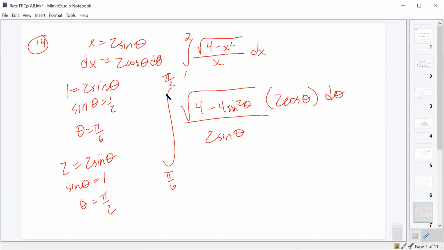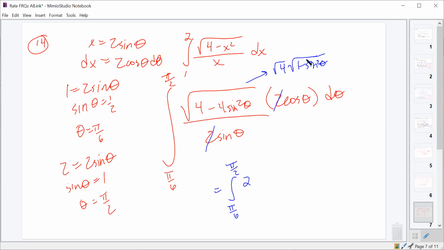And then it's just a matter of simplifying this down. So root 4 minus 4 sine squared theta is root 4 times root 1 minus sine squared theta. And so that'll give me, I cancel these 2's out, an integral from pi over 6 to pi over 2 of 2. And then the square root of 1 minus sine squared theta is cosine squared theta using the Pythagorean trig identity.